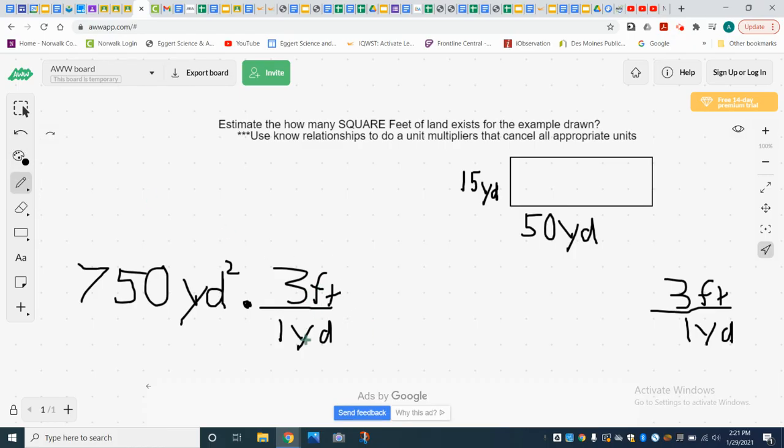This is true. 1 yard of length for every 3 feet of length. So what ends up happening is that I'm going to cancel this yard unit, and it cancels one of the yard units up here. So maybe I'll just cross off the 2 for you guys.